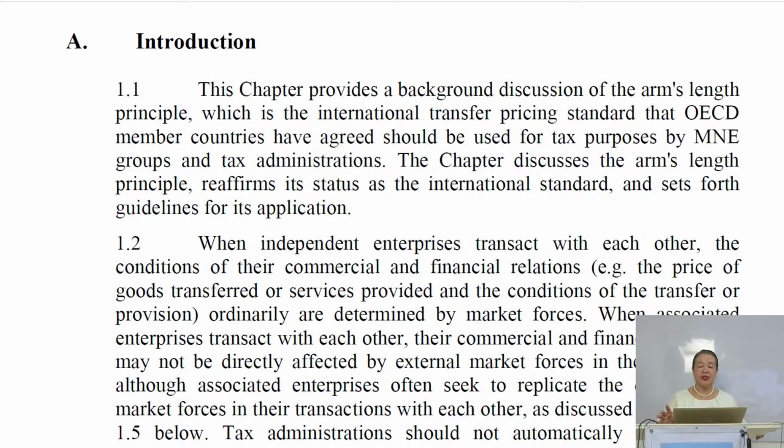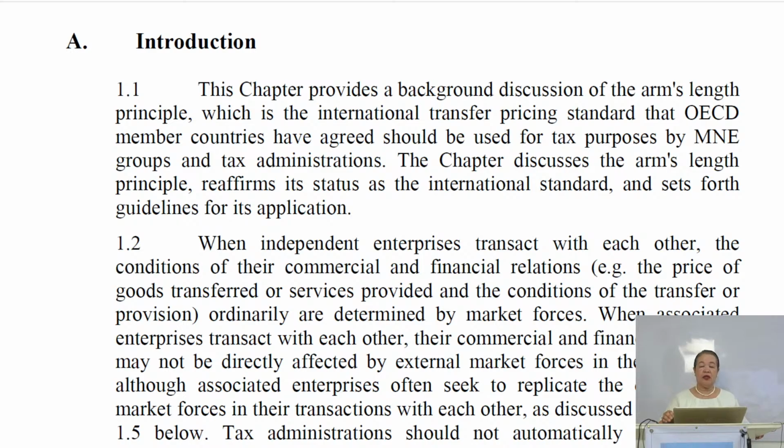Because transfer pricing adopted the arm's length principle, and the arm's length principle provides that the transactions between related parties should be at par or similar to those of independent transactions, because the independent transaction is the true transaction. So therefore, we have to apply the arm's length principle.